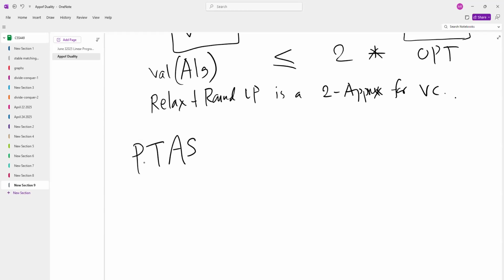Any questions on this so far? Does this make sense? Is the integer program for vertex cover what we have, and the fractional solution? The fractional linear program in this case is not a vertex cover.